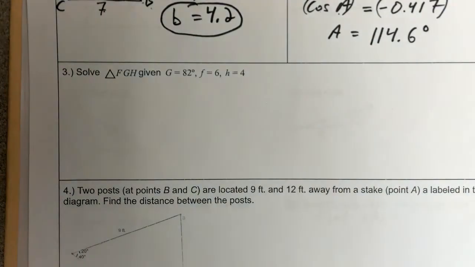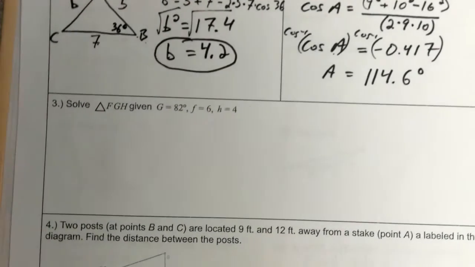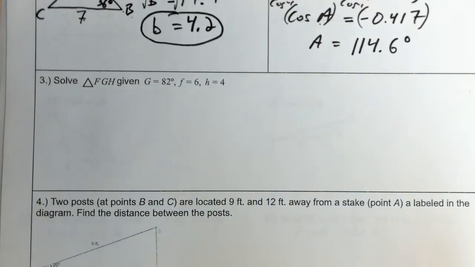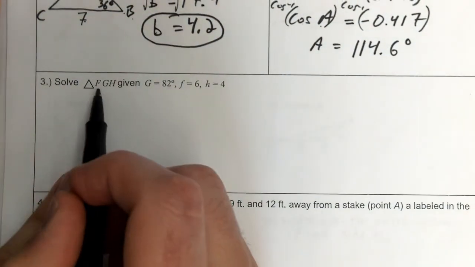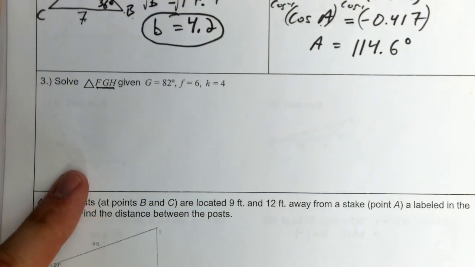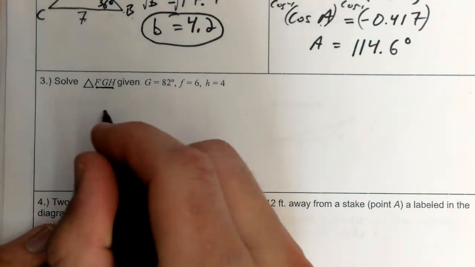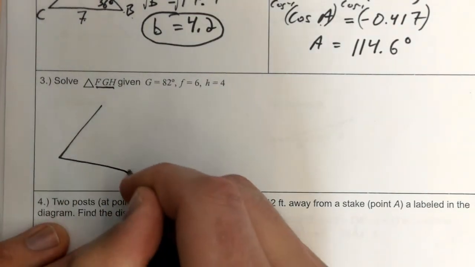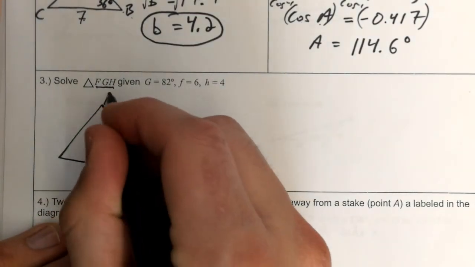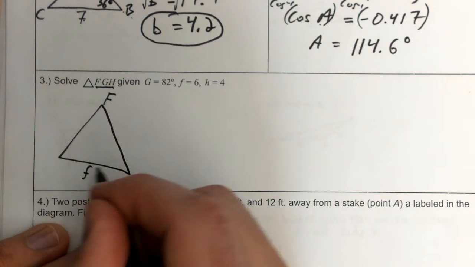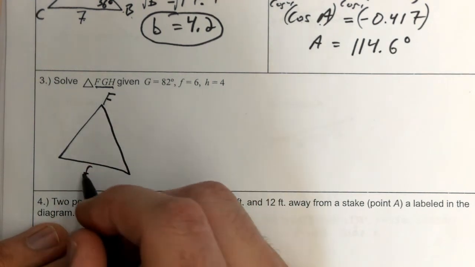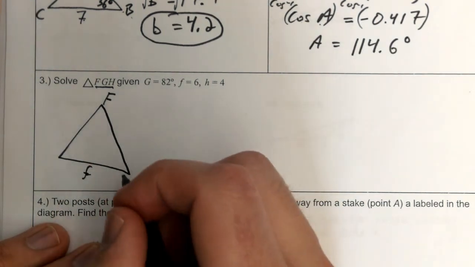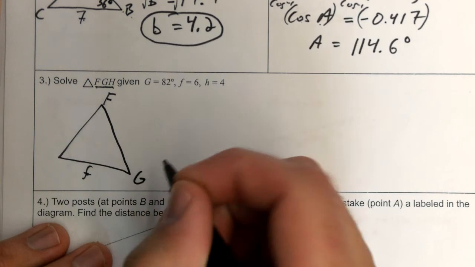All right. Okay, let's solve a triangle now. So let's go ahead and find everything, all the parts. And this one adds a little wrinkle where now the triangle is not ABC, it's FGH. So let's sketch this out. Again, as long as the correct sides are opposite of the angle, then it doesn't matter what your triangle looks like.